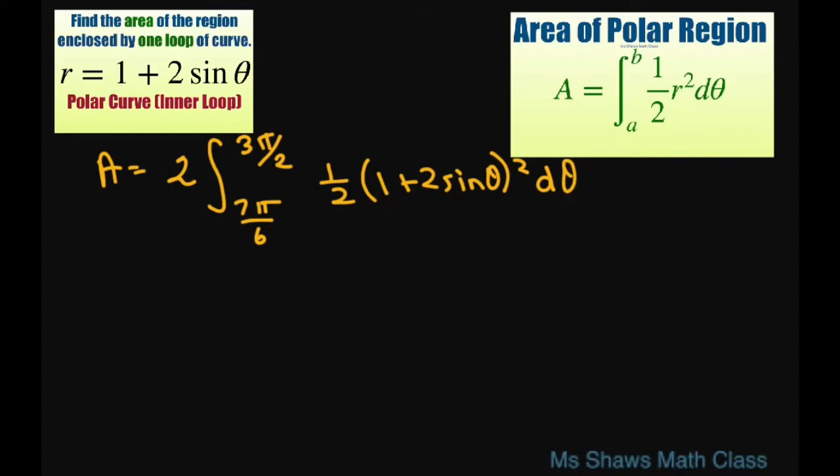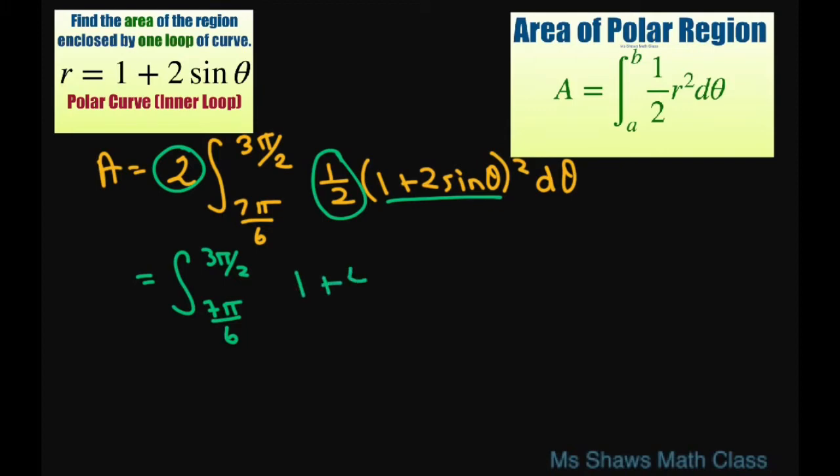From here, I know these two multiplied gives you 1. So now we have the integral from 7 pi divided by 6 to 3 pi divided by 2, and I'm going to expand this as 1 plus 4 sine of theta plus 4 sine squared of theta.